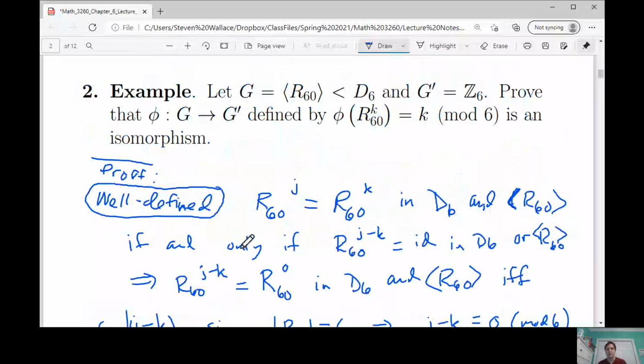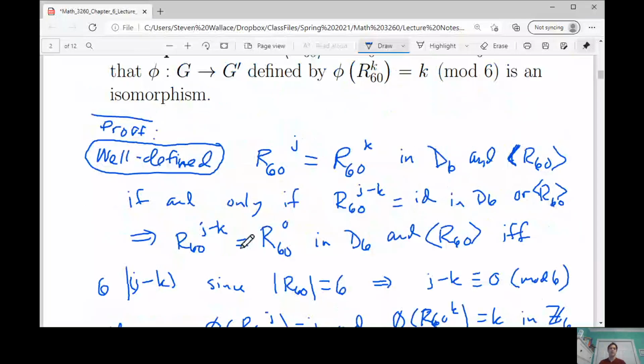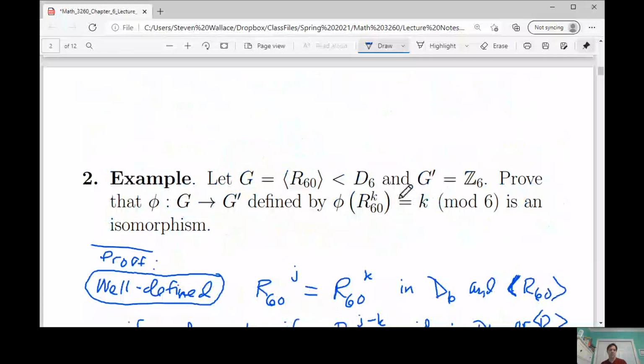Is it one-to-one and onto? Well, notice that this group generated by R60 has order 6, and this group has order 6.